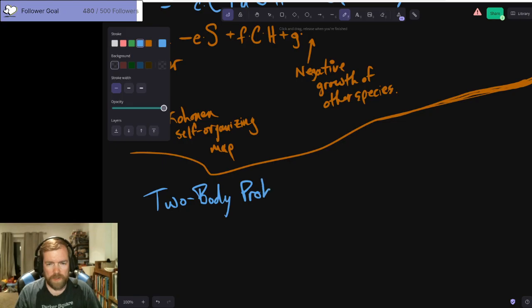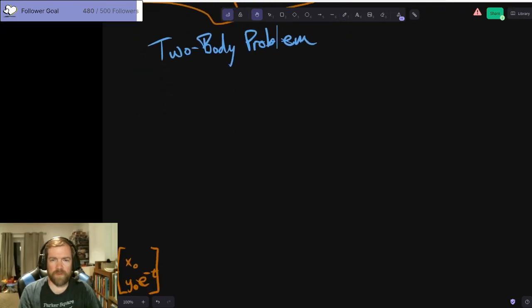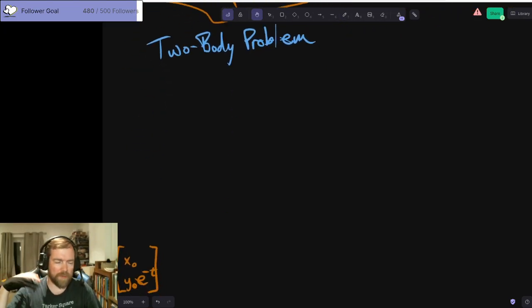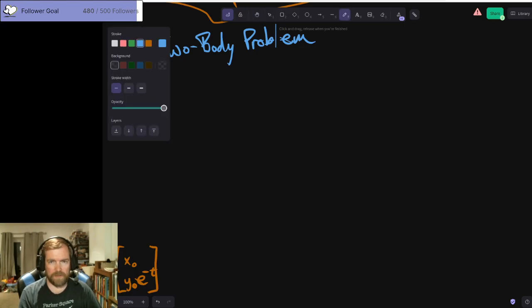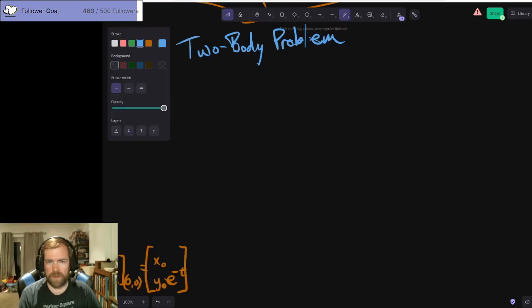Alright, so one of the other famous nonlinear differential equations problems is going to be the two-body problem, which then expands to the three-body problem. We're not going to be explaining the whole thing, but in the two-body problem, Newton's law of gravitation is going to tell us that we get m1 x1 double prime.